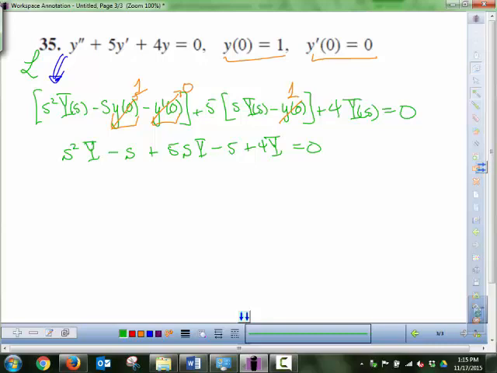All right, I have a couple of terms that don't have a y. I'll bring those over to the other side, and I'll keep the ones with the y's in them on this side, and in the same step, I'll factor out a Y. So I have s squared plus 5s plus 4 times Y is equal to positive s plus 5.